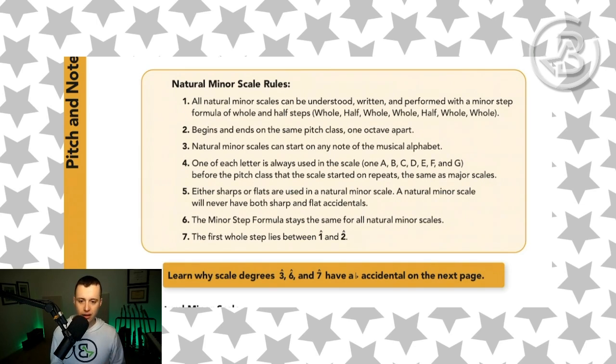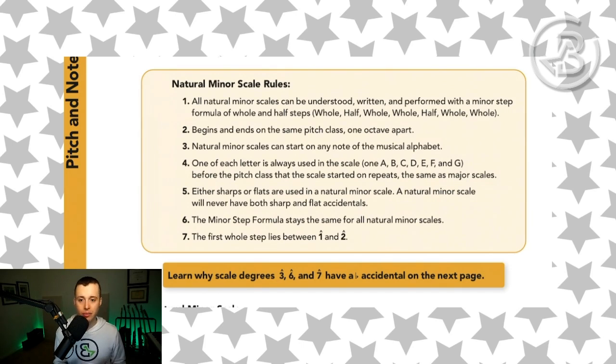Just like major scales and also chromatic scales, either sharps or flats, or no sharps or no flats, are used in a natural minor scale. A natural minor scale will never have both sharps and flats. Number 6, the minor step formula stays the same for all natural minor scales, all of them.